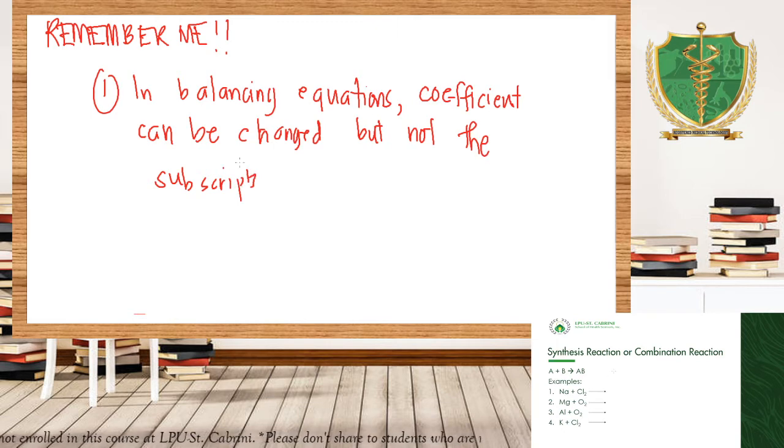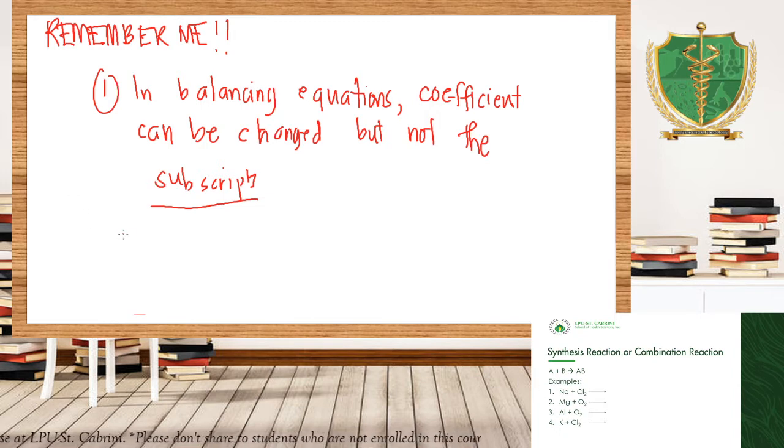Why? Because these subscripts indicate the number of atoms present for each element. The coefficient is the number that we write before the chemical formula.